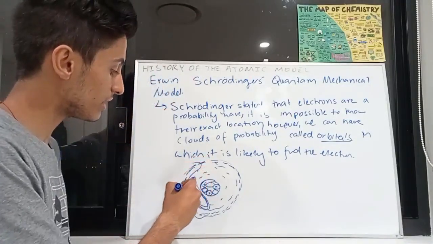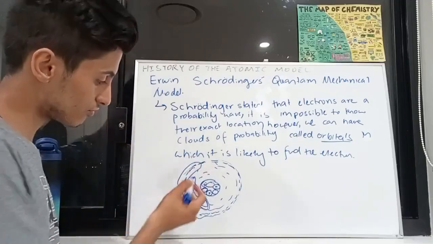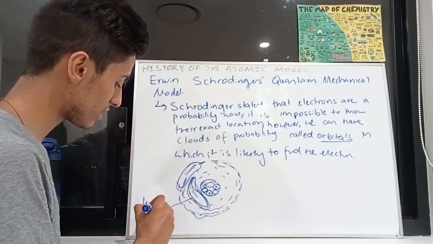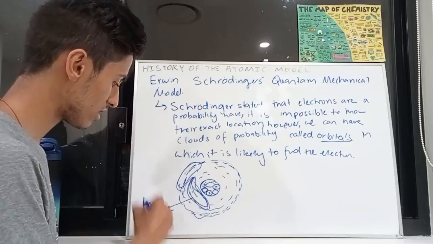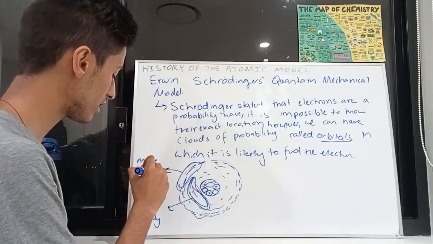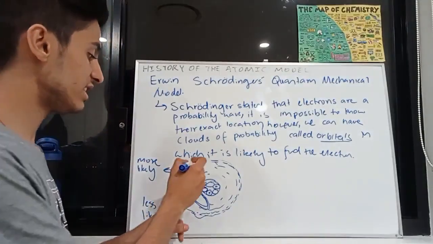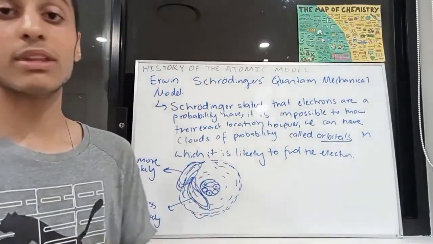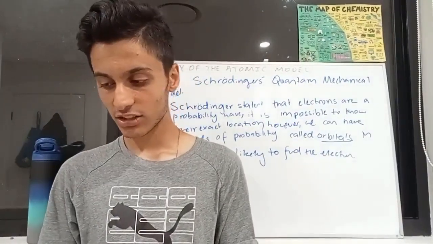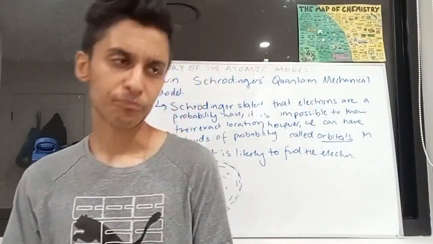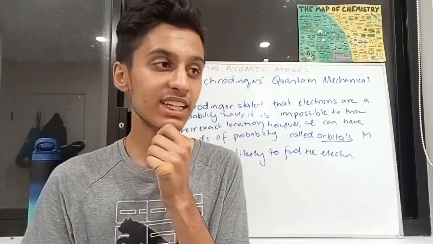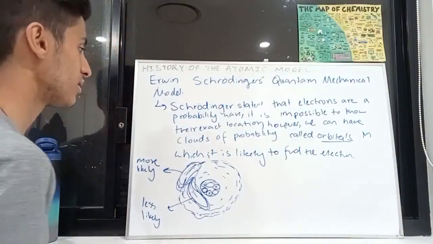However, if you come over here, this area has more probability waves, so you're more likely to find an electron in this portion rather than that portion. But the thing is, we can never be sure where the electron is, and so yeah, it's very complicated, and there's lots of aspects to the last model. But ideally, this is what we want to know.